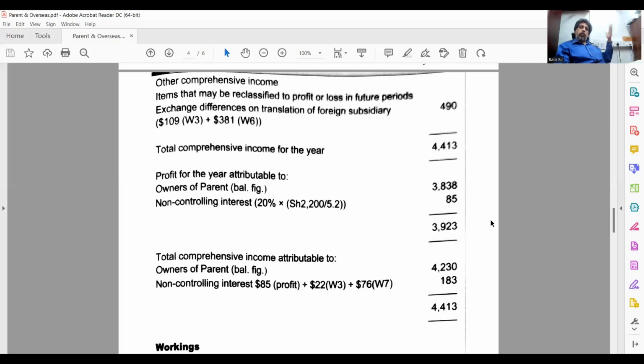Then comes total comprehensive income. Even that is split between the parent and the non-controlling interest. Total comprehensive income attributable to owners of parent entity is the balancing figure. Non-controlling interest is the $85 profit we already have, plus 20% of the $109 and the $381, that is $22 and $76.